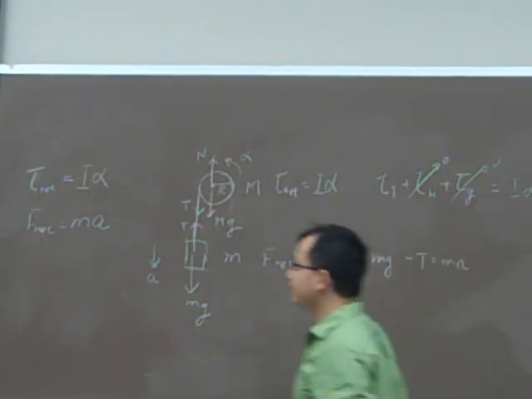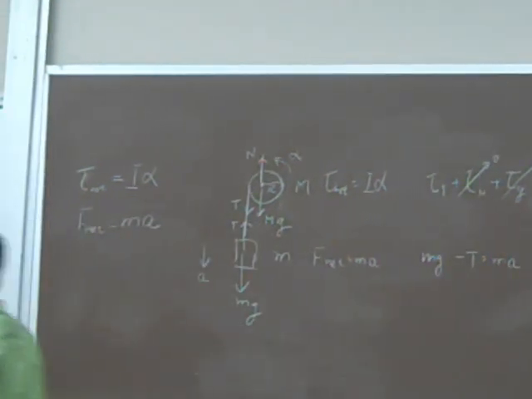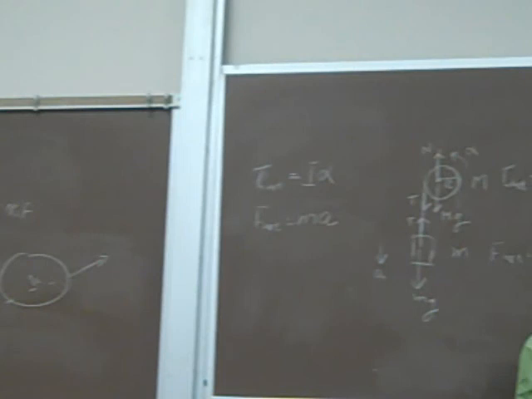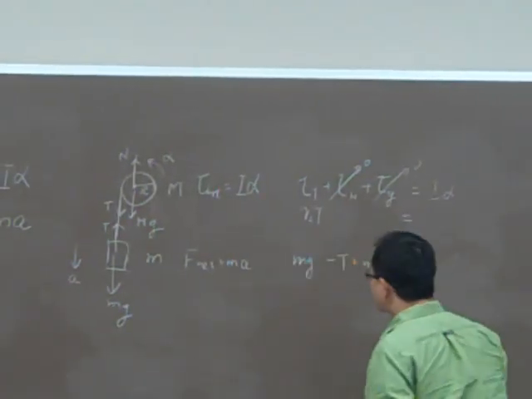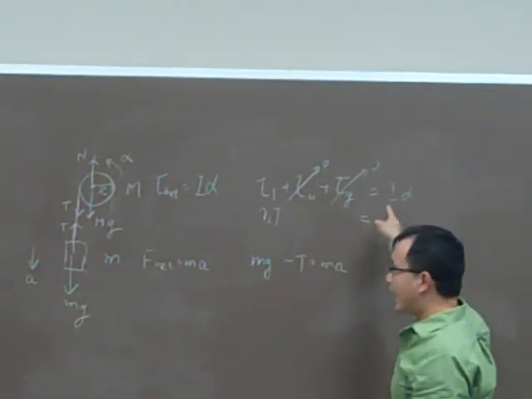And again, the torque produced by the tension should be R perpendicular multiplied by the tension force, so R perpendicular multiplied by T, equals I times alpha.